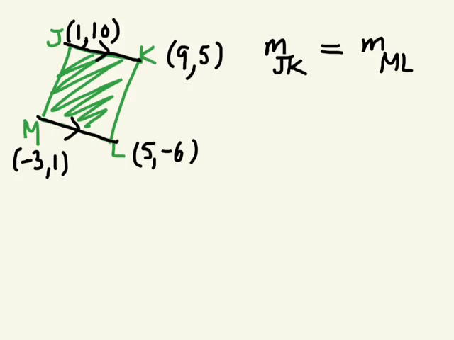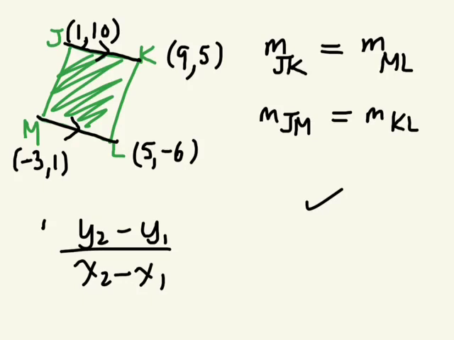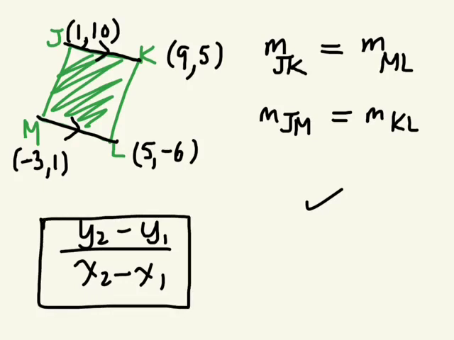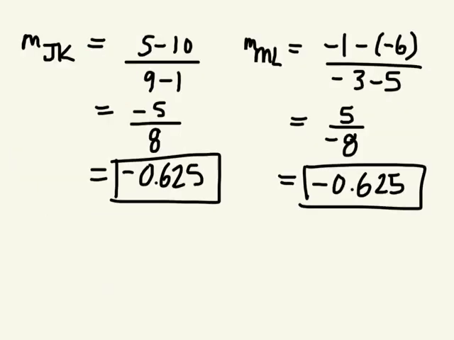And which other two slopes do we have to find? JM and KL. If these slopes are equal, then it will prove that it's a parallelogram, right? You're going to use the slope formula, and you don't need to graph this, you just need the coordinates to prove that the slopes are parallel.